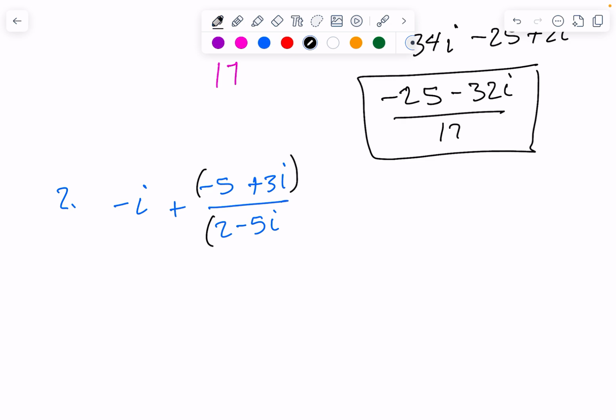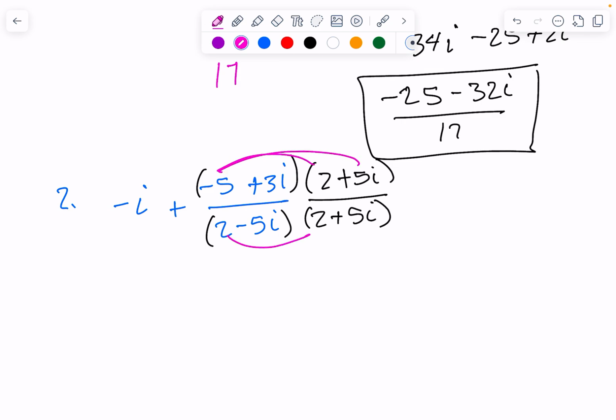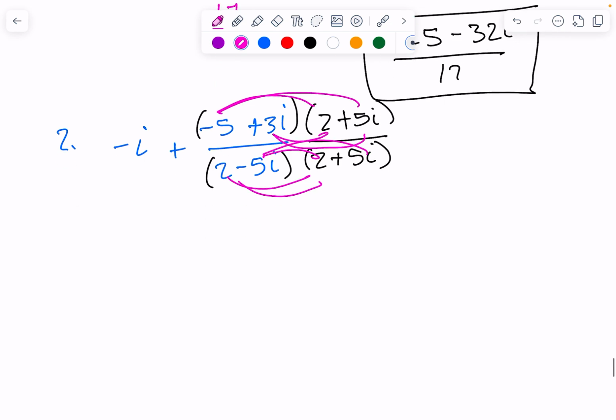Lots of parentheses. 2 plus 5i over 2 plus 5i. Pink distribution lines. And then, so it's going to be 4 plus 25.